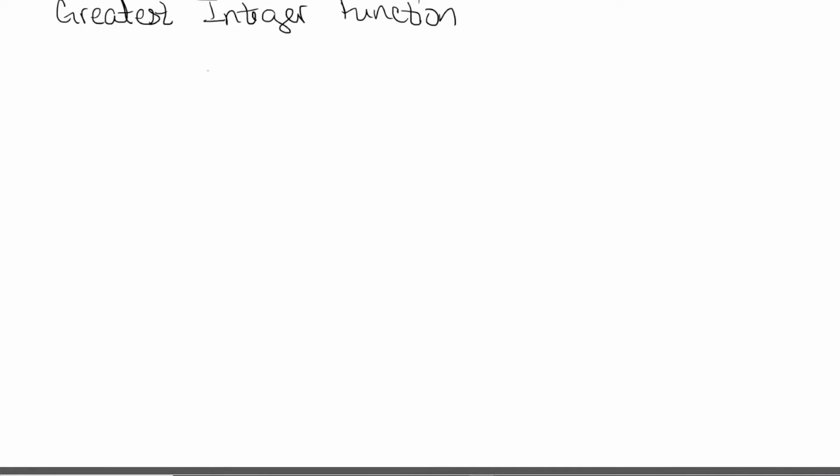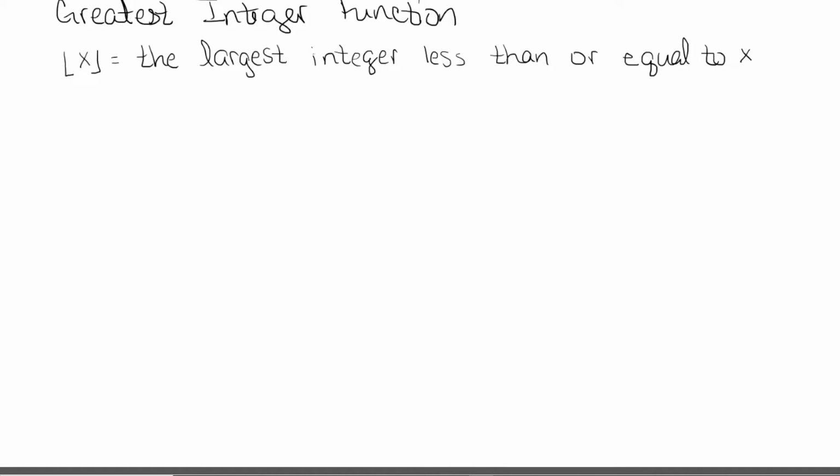Next, let's look at a very important piecewise function known as the greatest integer function. The greatest integer function is denoted by these kind of half square brackets. They only have the bar on the bottom. It is the largest integer that is less than or equal to x. So for an integer like 3, the largest integer that's less than or equal to 3 would be 3.